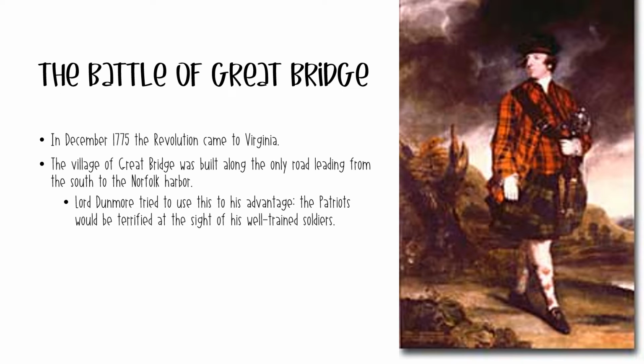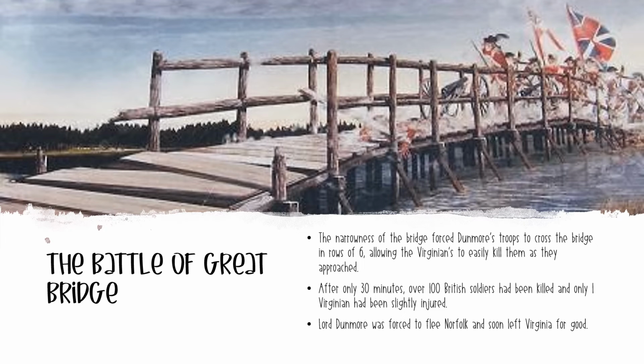In 1775, the Revolution made its way into Virginia. The village of Great Bridge was built along the only road leading from the south to the Norfolk Harbor. Lord Dunmore tried to use this to his advantage. The Patriots would be terrified at the sight of his well-trained soldiers in their red uniforms. However, there was one thing that Lord Dunmore hadn't planned for.